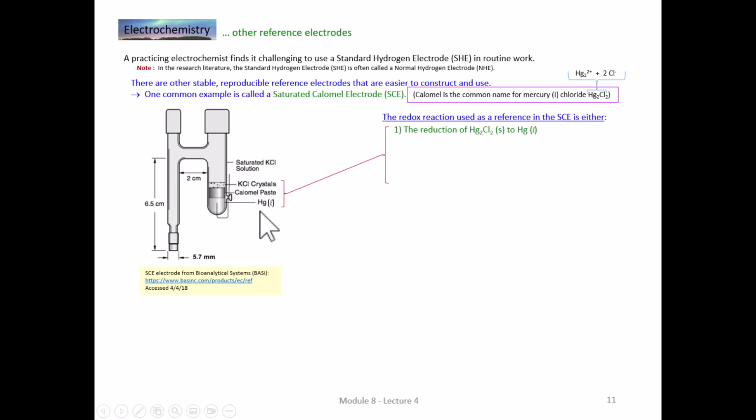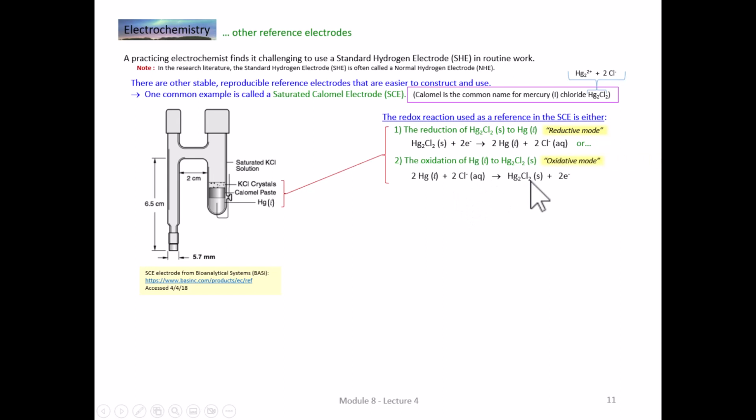So let's look at the possible redox reactions in this reference electrode. One is the reduction of mercury 1 chloride to elemental mercury. And this, of course, would be a reaction running in reductive mode. The other would be the oxidation of elemental mercury to mercury 1 chloride. That would be the reaction running in oxidative mode.